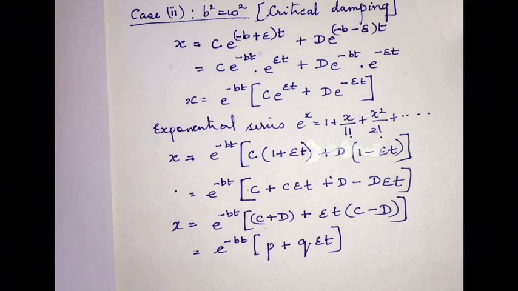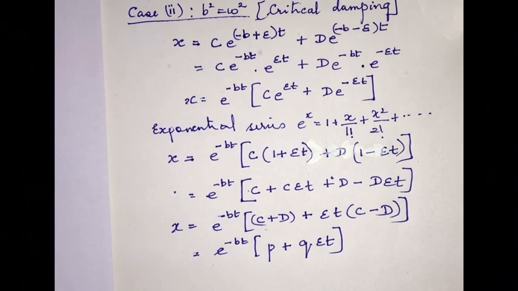This critical damping can also be defined as the condition under which the restoring and resistive forces acting on a body are such that the body is brought to a halt at equilibrium position without oscillation in the minimum time. Overdamping or deadbeat case and critical damping, in both the cases the body does not oscillate.